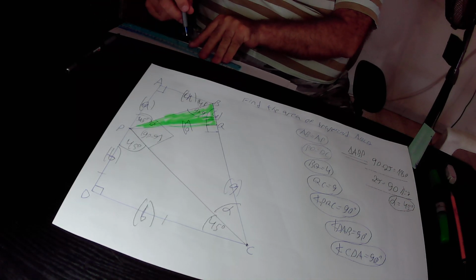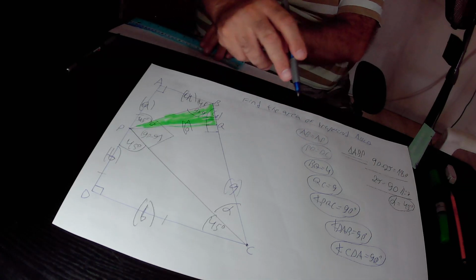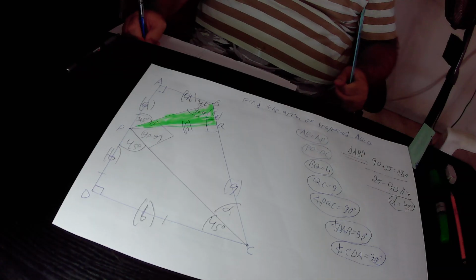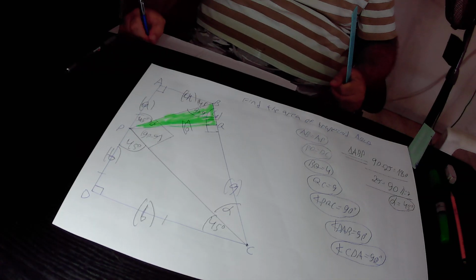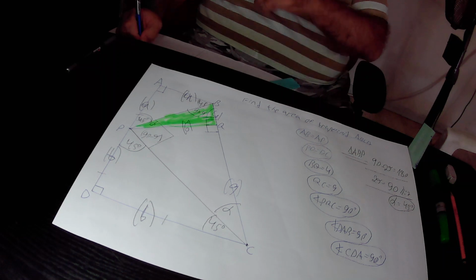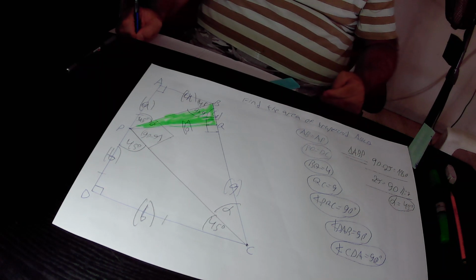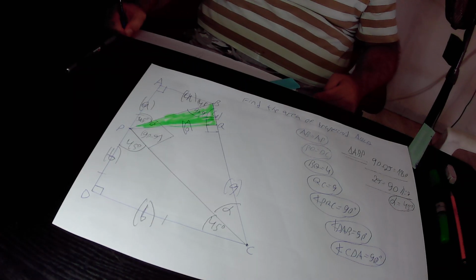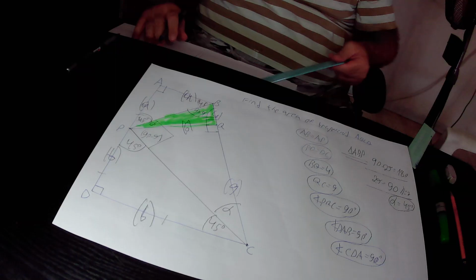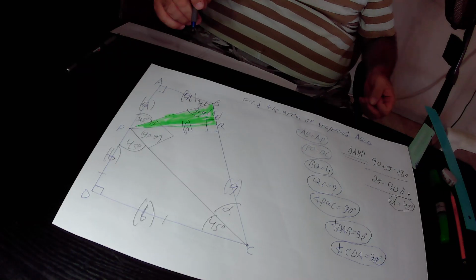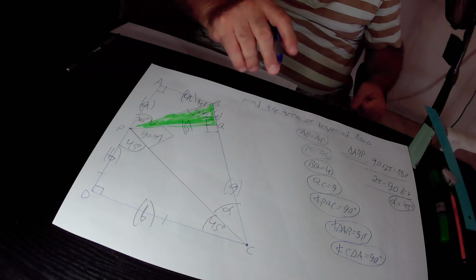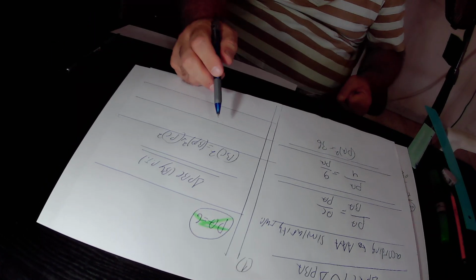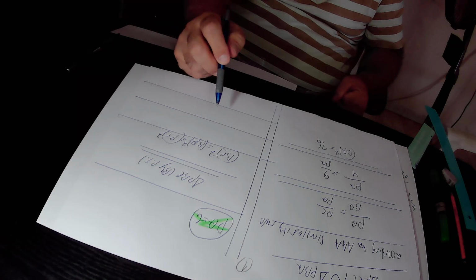The hypotenuse in the big right triangle PBC is BC, therefore the square of the hypotenuse is BC squared, and BC squared must be equal to BP squared plus PC squared.